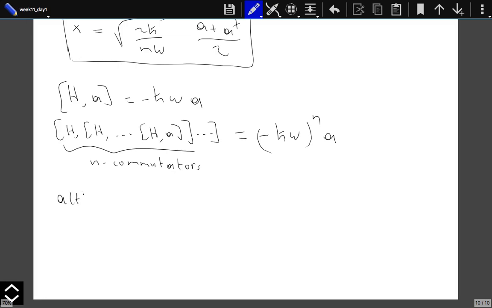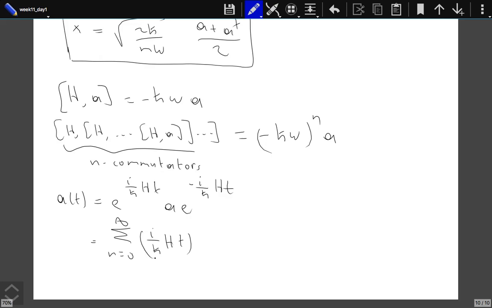So if we are to calculate a of t, which was e to the power i over h bar H t, a, e to the power minus i over h bar H t, this will be equal to the sum from n from 0 to infinity of i over h bar t to the power n, 1 over n factorial, and n commutators, but those commutators give minus h bar omega to the power n, a.